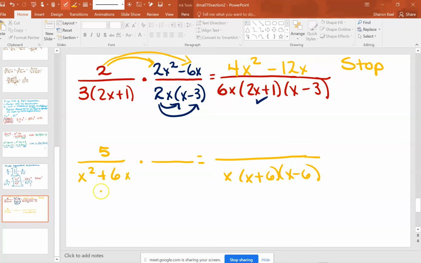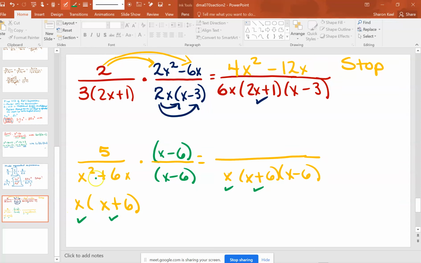So what I need to do is to take this and factor out an x, and that leaves me with x plus 6. So now that I have factored this, I have an x here, I have the x here. I have an x plus 6 here and an x plus 6 here. What I'm missing is the x minus 6.